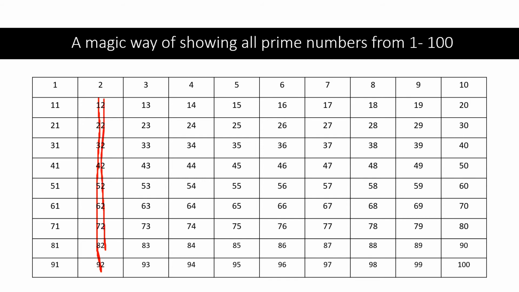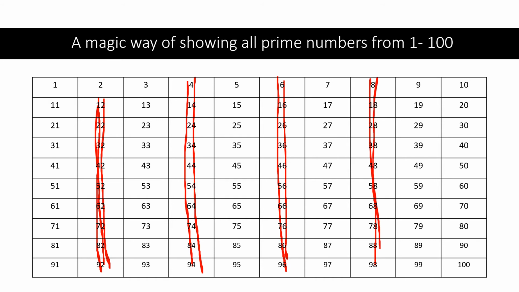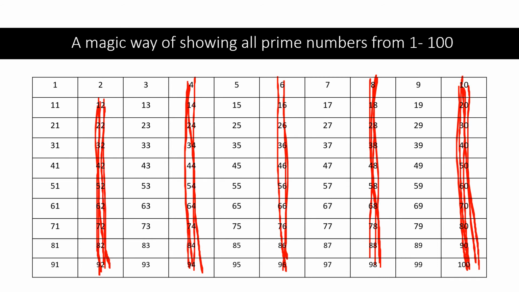This cell, then here the last digit is 4, then this because the last digit is 6, and here the last digit is 8, and this. These are all multiples of 2, meaning 2 can divide all these numbers, so they cannot be prime numbers.